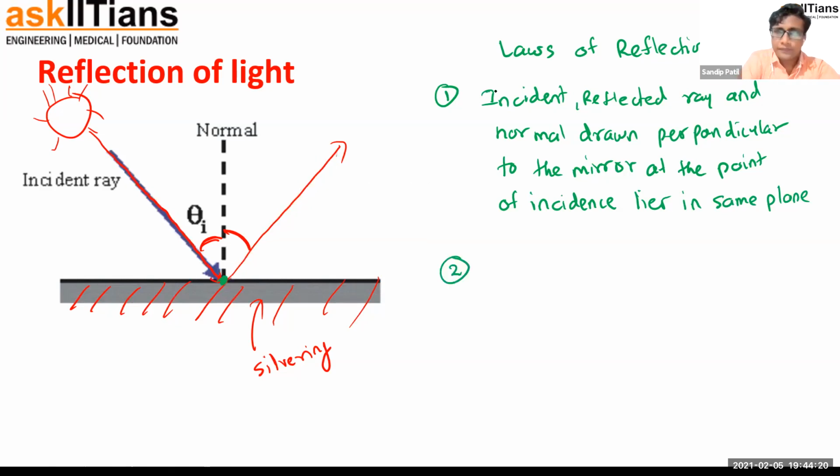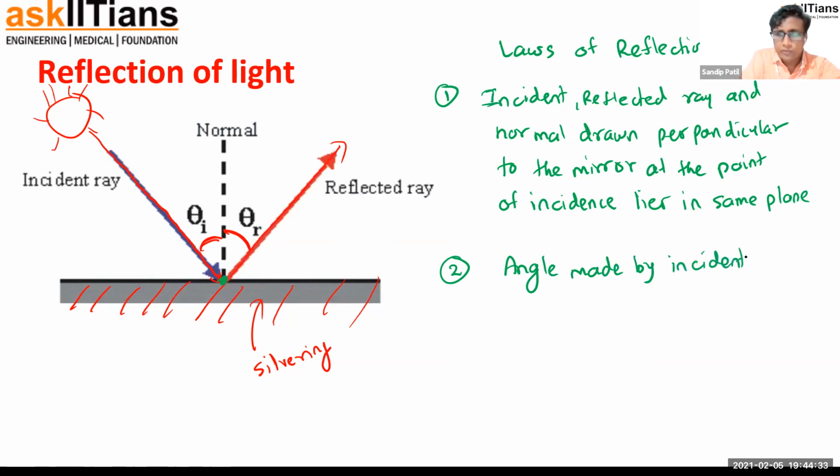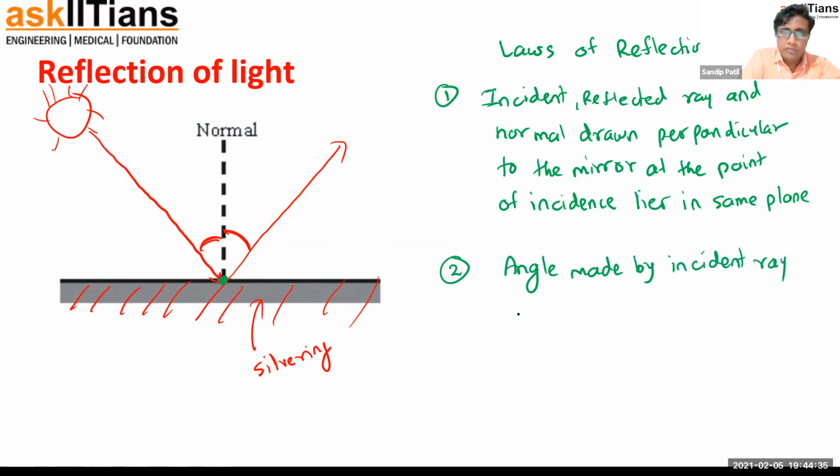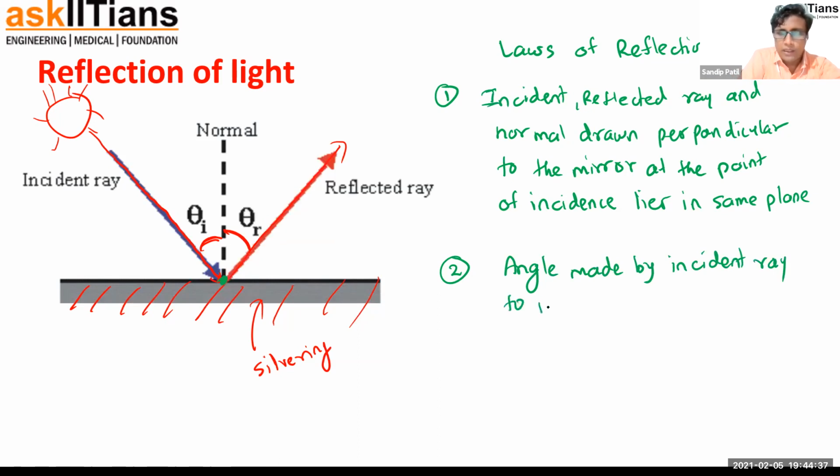Simple. Now the second law says that the angle made by the incident ray to the normal, the incident ray is making an angle with whom?